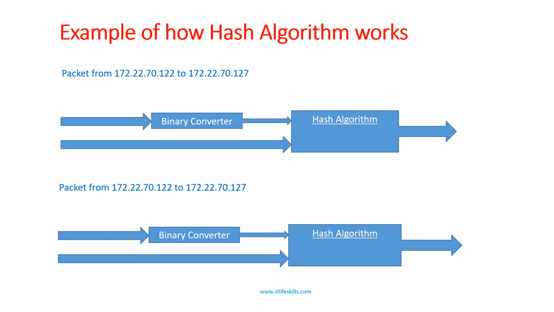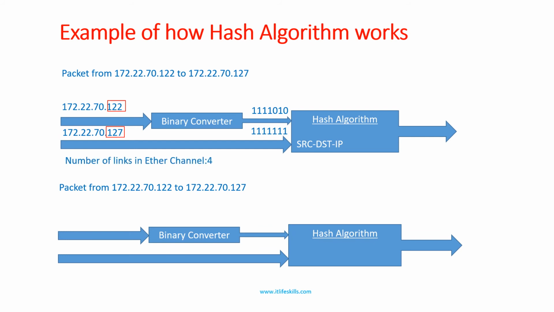Now we're going to take a look at the third case, where we use the source and destination IP address as the load balancing method. So it means we have to use the source IP address and destination IP address to analyze. First, let's take a look at the source IP address, and we need to convert 122 into binary, and for the destination IP address, we're going to convert 127 into a binary string.